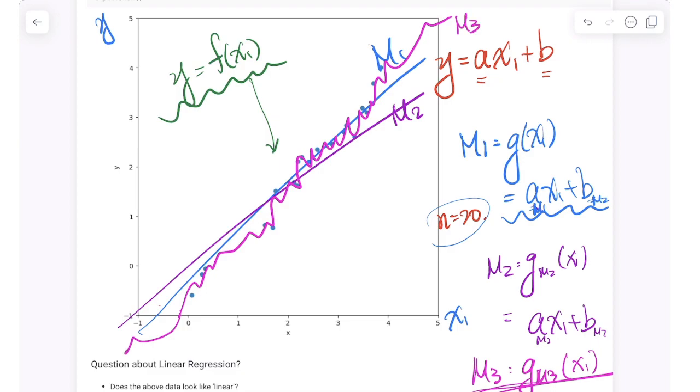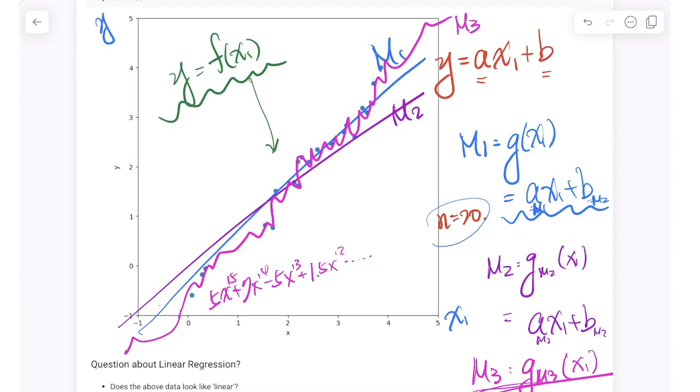But as we mentioned before, if you want to describe a line like M3, you need a lot of parameters, for example 5x to the 15th. You can use any polynomial function to describe a line.